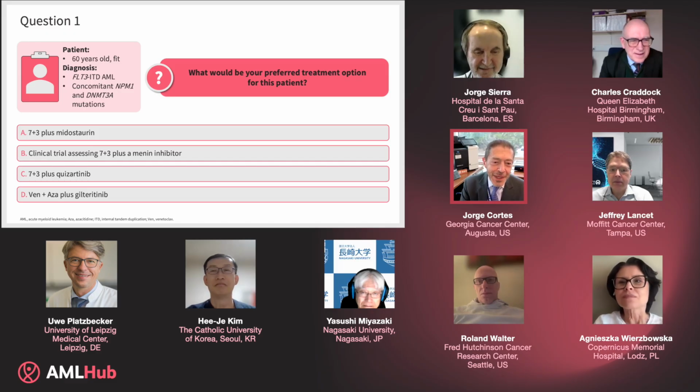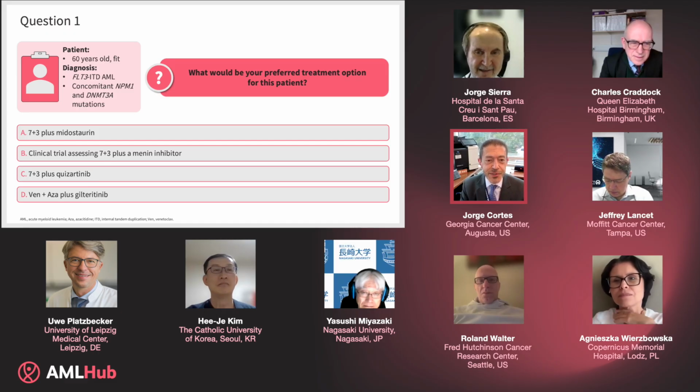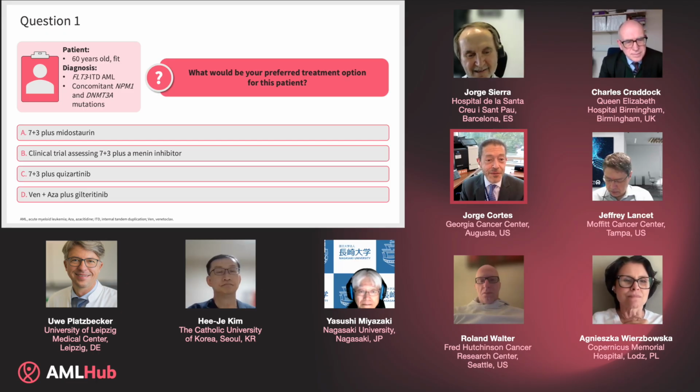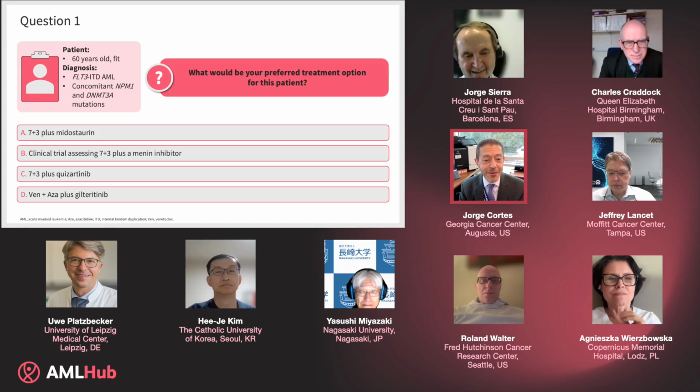On these patients, I would go today with the 7+3 plus quizartinib. We have good data with that combination. It looks very good. I think that the Ven/Aza gilteritinib deserves consideration just because there's emerging data on that combination.